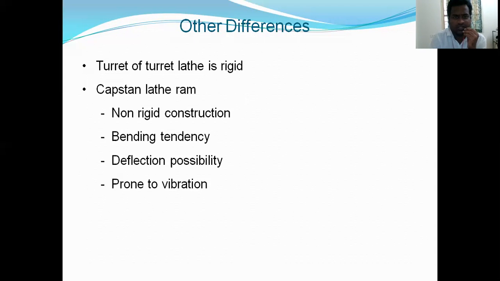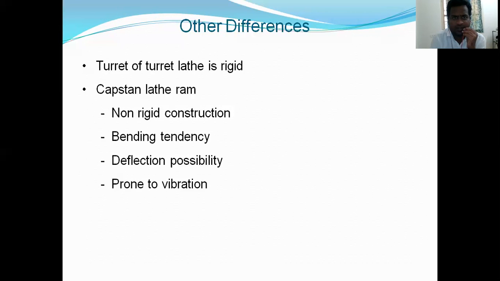So these are the main other differences. In the turret lathe there are no deflections or any vibrations while doing the operation, but the extended ram is not so. So bending tendency is there, deflection possibility is there, prone to vibration. So these are the difficulties in the capstan lathe.